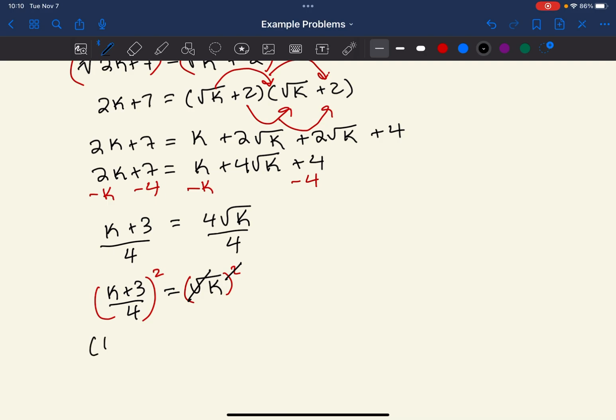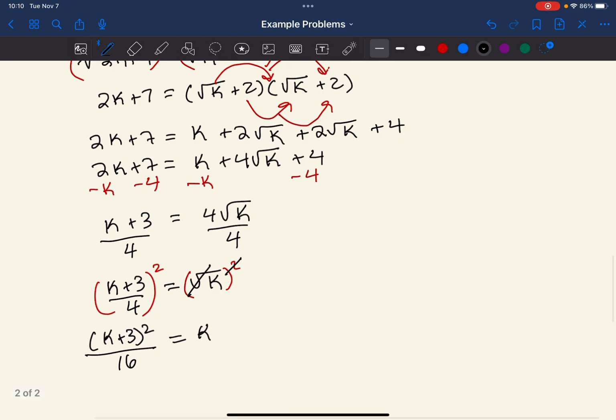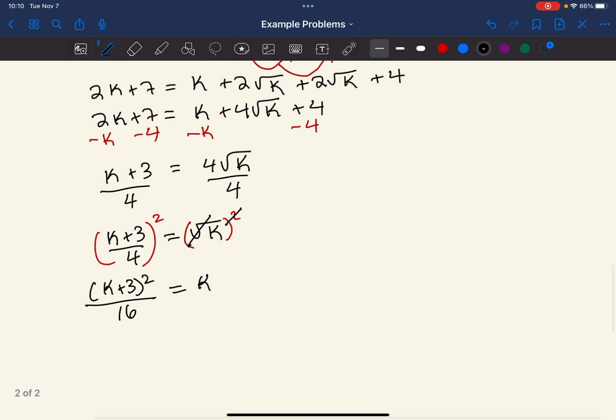So I have k plus 3 squared over 4 squared, which is 16, is equal to k. Okay. Now, what I'm going to do is I'm going to go ahead and move that 16 back over. So I'm going to multiply both sides by 16. And I have k plus 3 2 times, because that's what that square says, is equal to 16k.